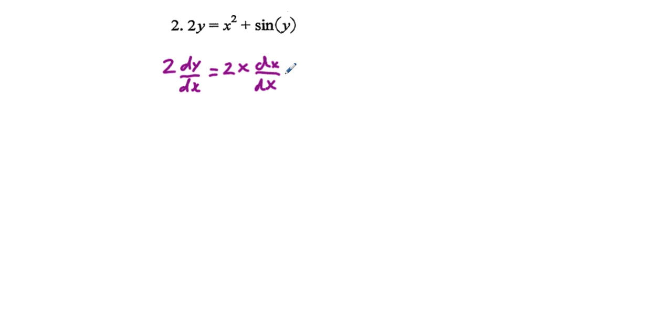Okay, and the last thing we have to differentiate is this sine y, which is going to be, let's see, cosine y times the derivative of the inside, which is going to be dy dx.